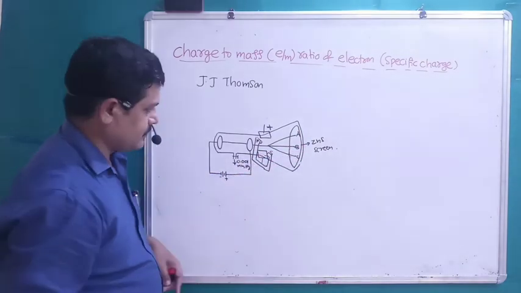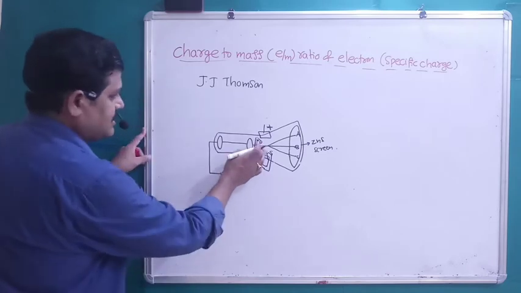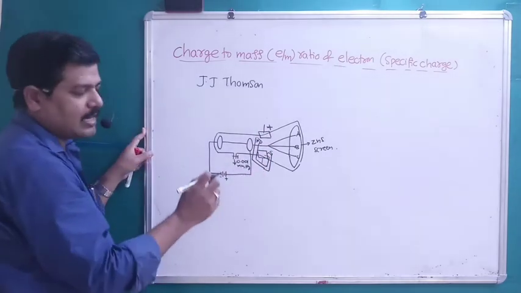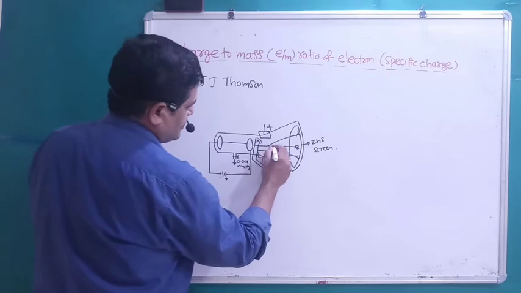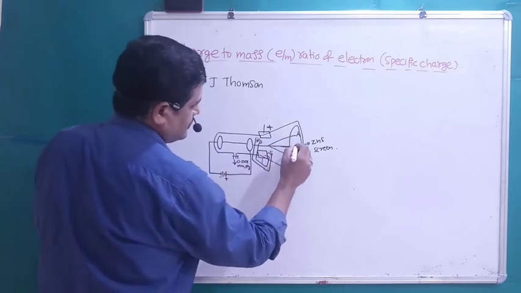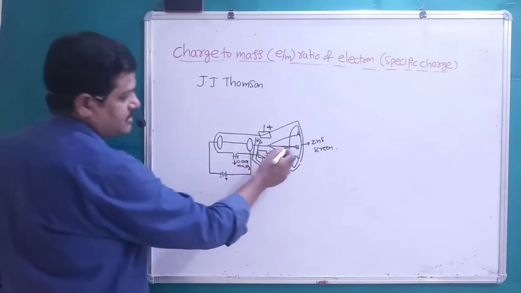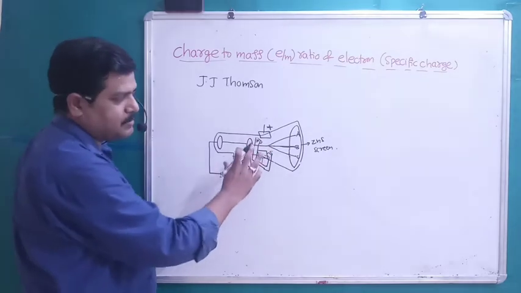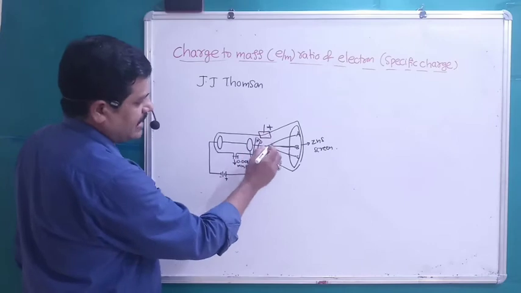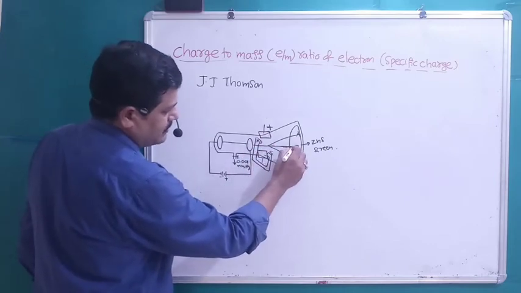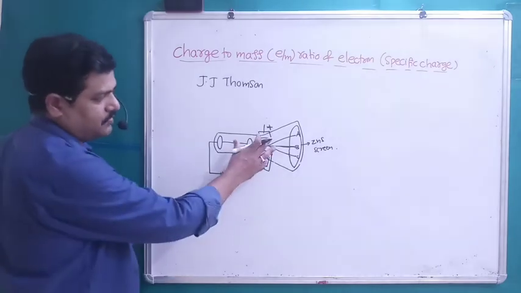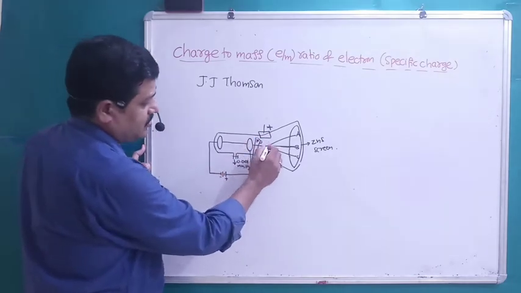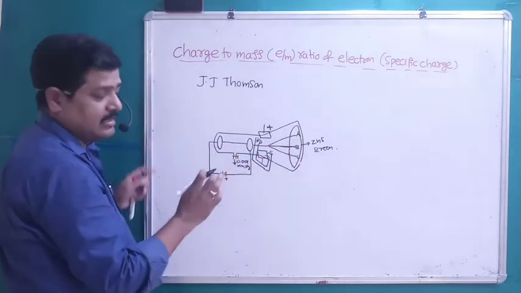Then he adjusted the field strengths of the magnetic and electric fields such that the cathode rays are hitting the zinc sulfide screen again at point B, where they hit when there is no field.